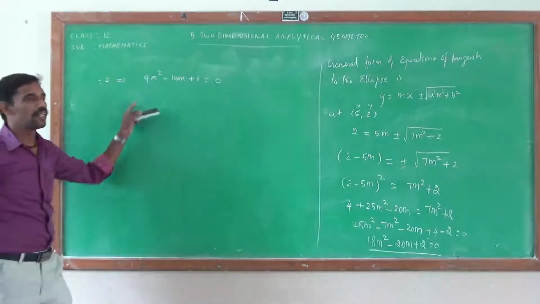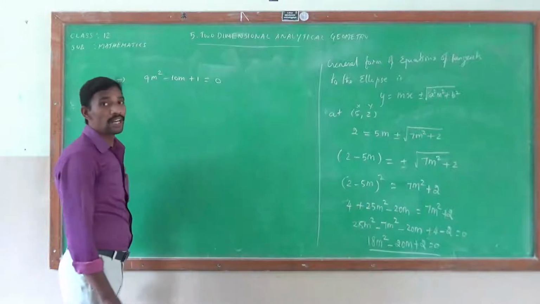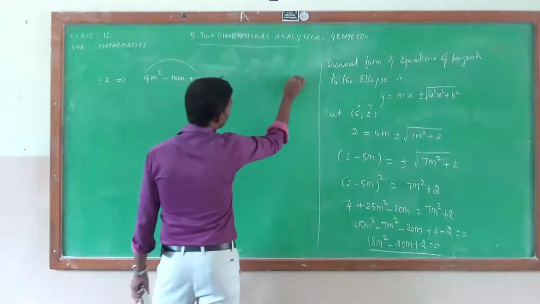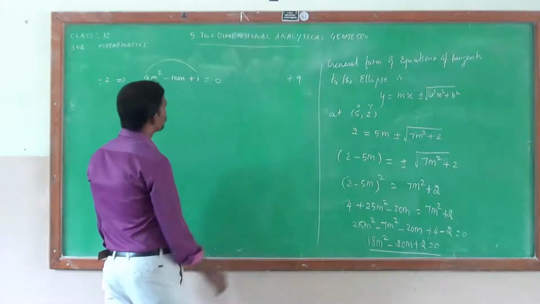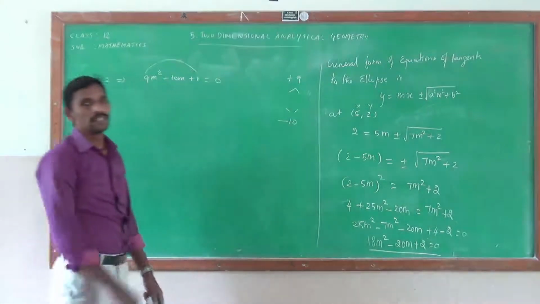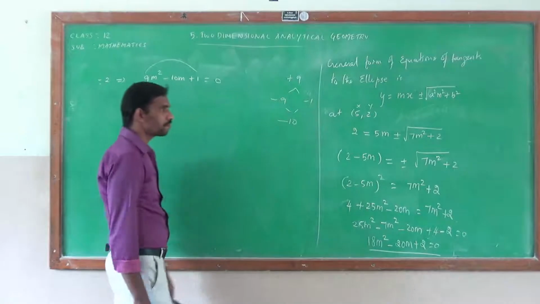This is a simplified quadratic equation. Now we find the values of m by the factor method. The product of two integers gives plus 9 and their sum gives minus 10, so the numbers are minus 9 and minus 1.